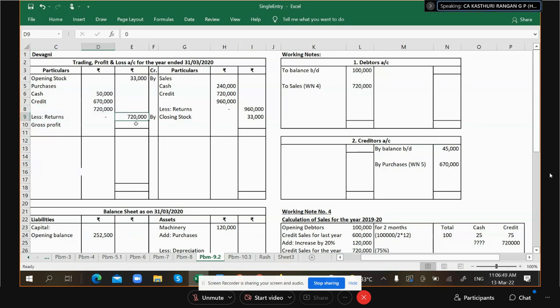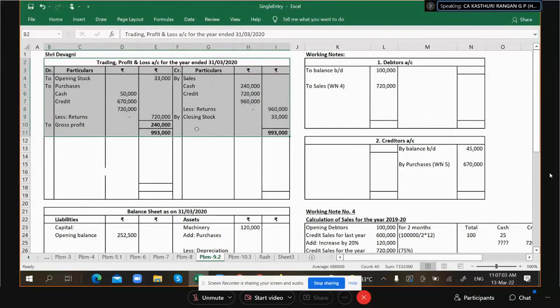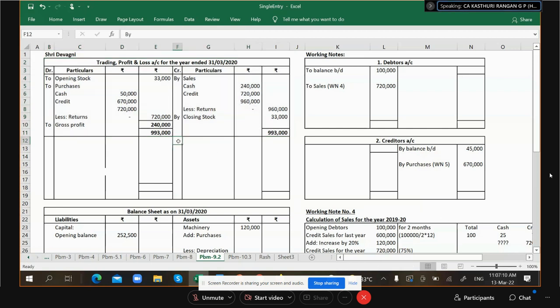Returns, nothing given in the question, therefore it is 7,20,000. Now there is no more information for trading account. Can you find the gross profit? Yes. You can easily find the gross profit, that is 2,40,000. This gross profit should be taken to credit of P&L 2,40,000.